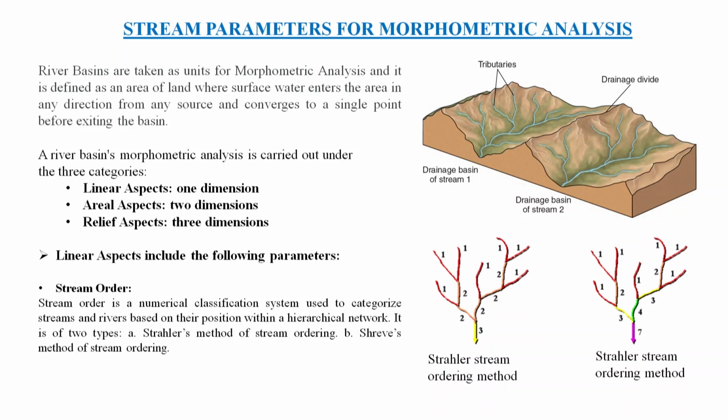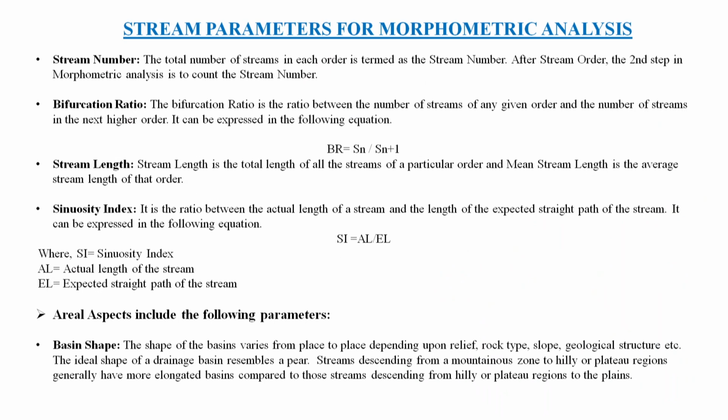Then you can also think of stream number. The total number of streams in each order is termed the stream number. So, after stream order, the second step in morphometric analysis is to count the number of streams that are present. Then you have another parameter, that is the bifurcation ratio, and it is the ratio between the number of streams of any given order and the number of streams in the next higher order.